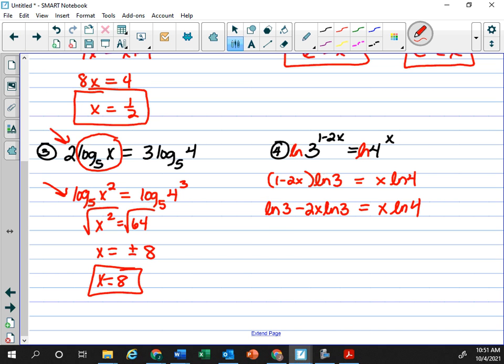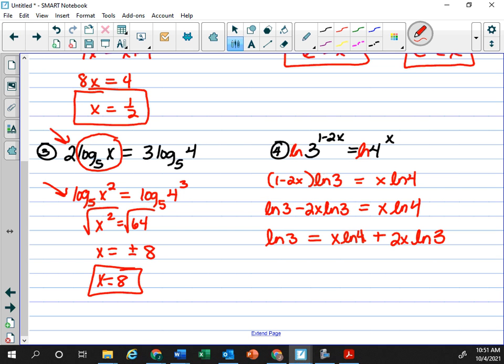This time I'm going to go ahead and just move my x's to the right side. So I've got x natural log of 4 plus 2x natural log of 3. Are you guys with me to that point? Yes. Algebraically? Just enough. And then you're like, now I don't know what's happening. Okay, but we're good with that stuff.